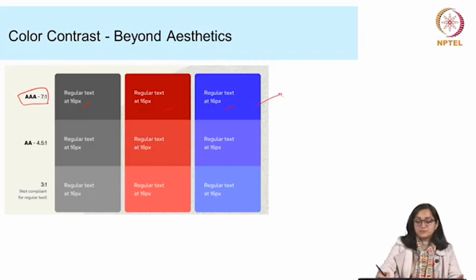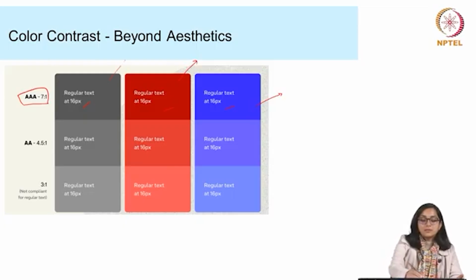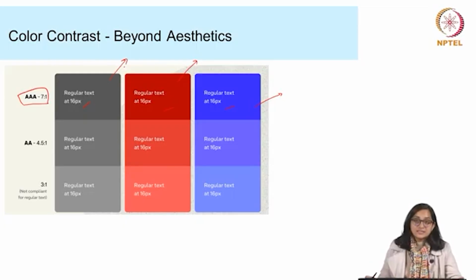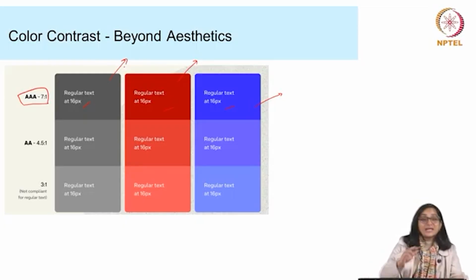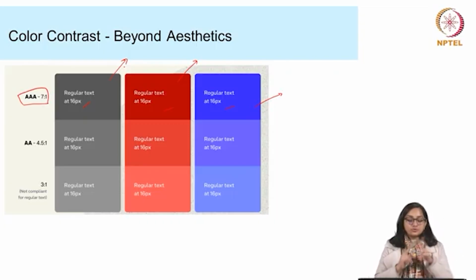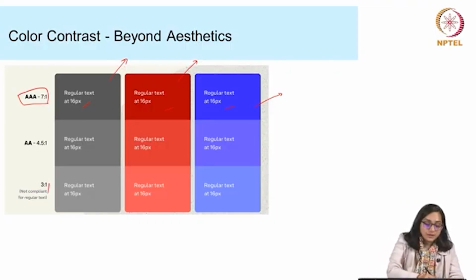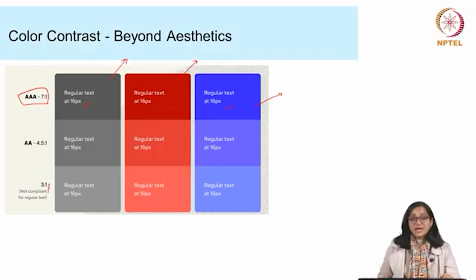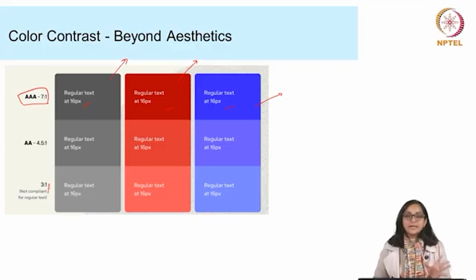If you're seeing, we are changing the background saturation. The text is all white, and that is what is changing the ratio. 3:1 is actually non-compliant for regular text. If it is bold or an icon or larger than 24, then you can use 3:1. So please remember this.